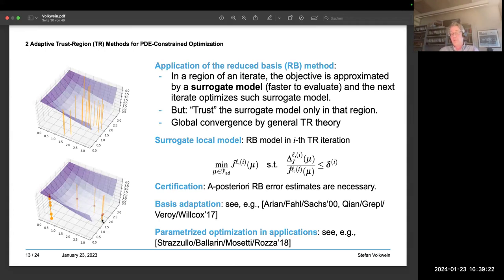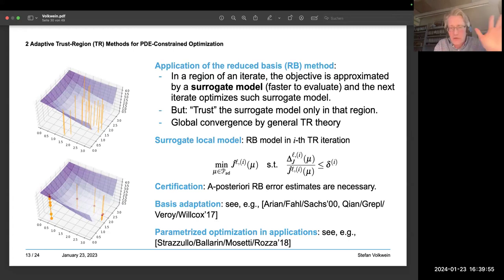And of course, if the problem is really complicated, it may happen that at the end you have a result and a solution, but also the message, we have not used the reduced order model because it was not possible to get some reduced order model for such a complicated problem, because there is maybe this limit. You don't want to use more than 40 basis functions or 50 basis functions. At the beginning, we cannot have an estimate if 50 would be enough for the underlying problem we have at hand. So that is the idea.